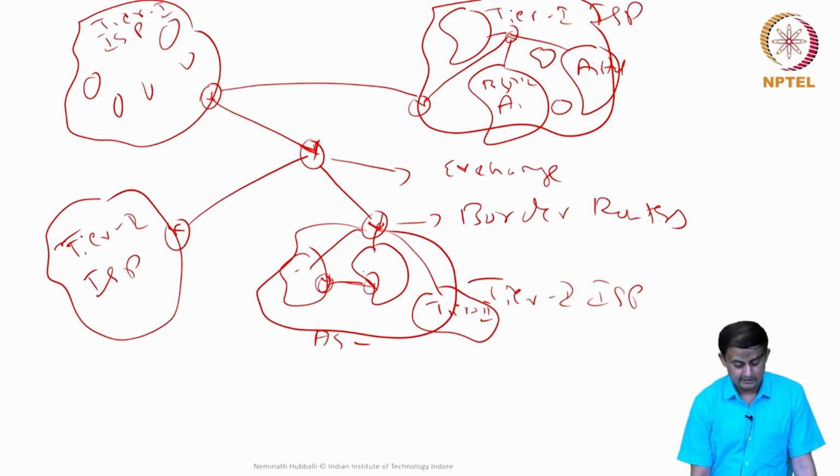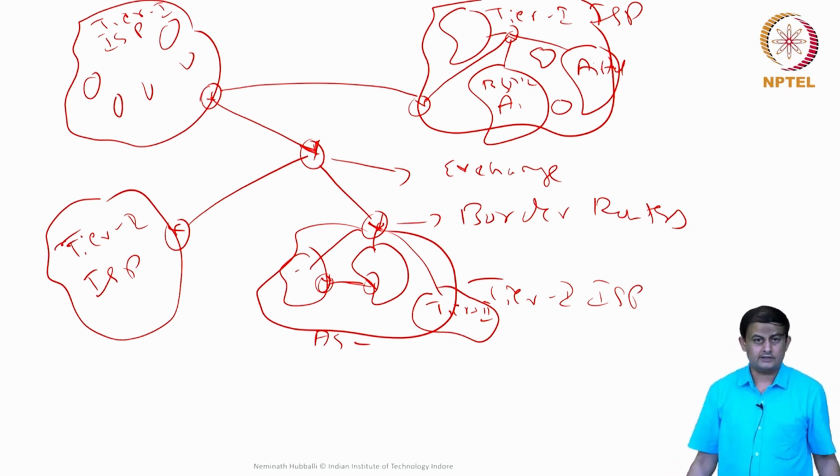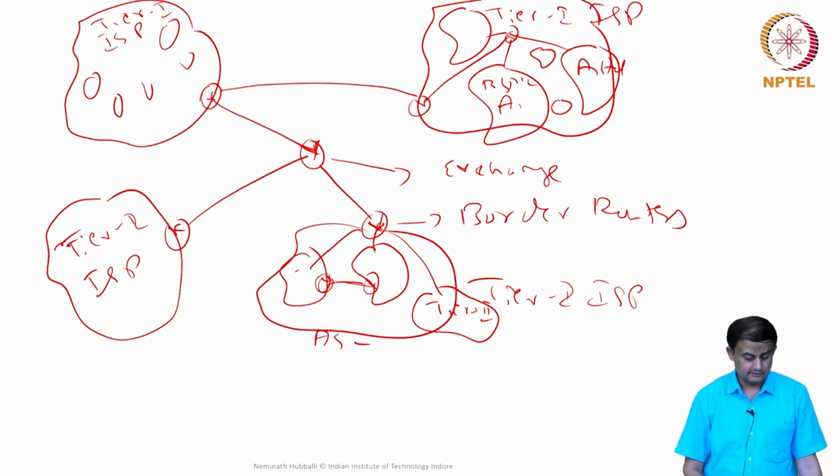On the other hand, if I establish a direct link between these two, then I don't have to rely on the higher level internet service providers to route my packets. And this is how the internet is actually structured. So if this is the structure of the internet, let's look at the scale.